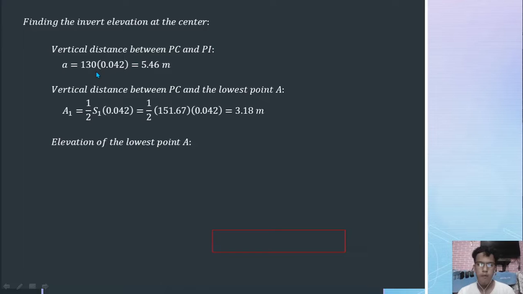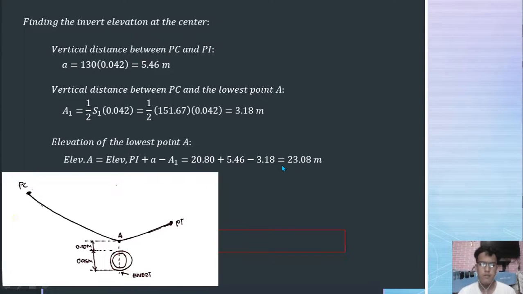Now we have to find the elevation of the lowest point A. Elevation A is equal to elevation PI plus A minus A sub 1, where elevation PI is 20.80 plus 5.46. We already got 5.46 for A, and A sub 1 is 3.18, which all equals 23.08 meters.